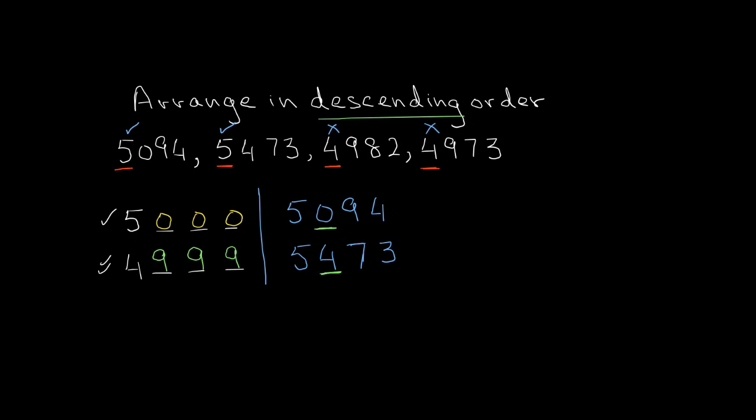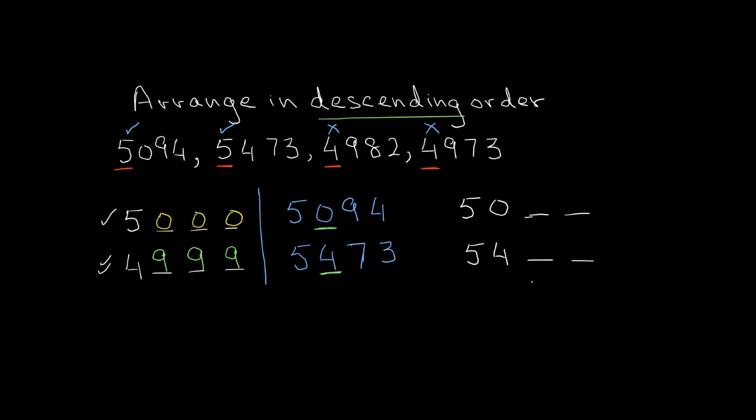So let's say I have two numbers that I don't know. So I know this is 5,000 and I don't know what else. And this is 5,400 and I don't know what the other two numbers are.